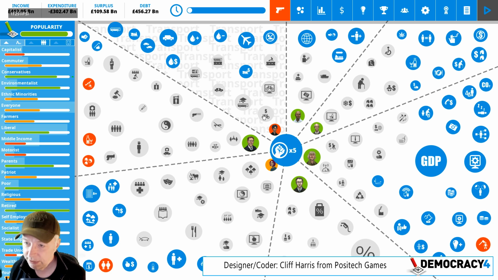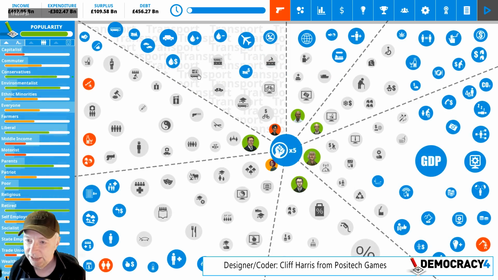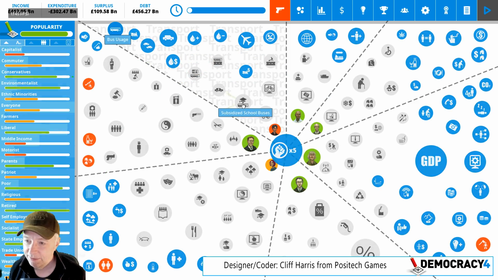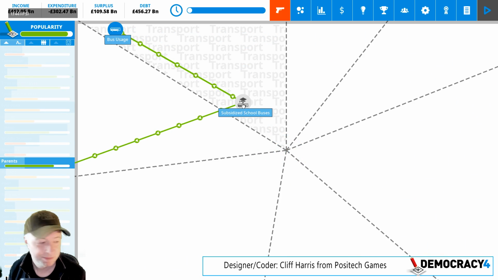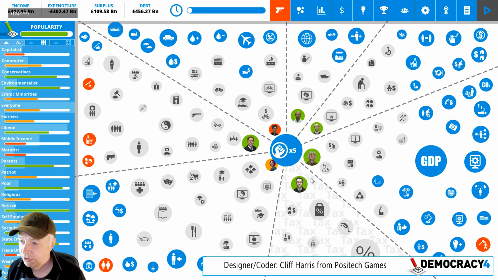And then they're not cycling. You can see here I am doing my bit: bicycle subsidies, free bus passes for the elderly, bus lanes, and that's school buses as well. So I'm doing my bit. So a lot of simulation stuff changed. What I'm going to do is go through a few turns.